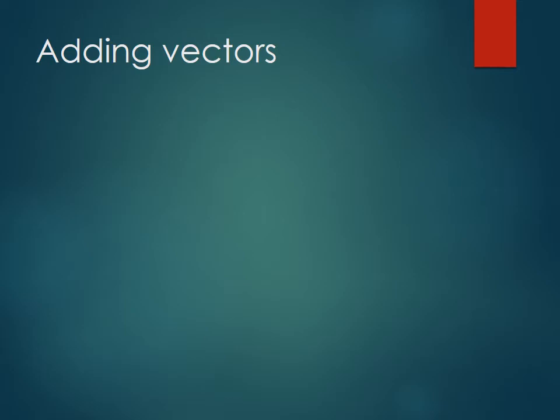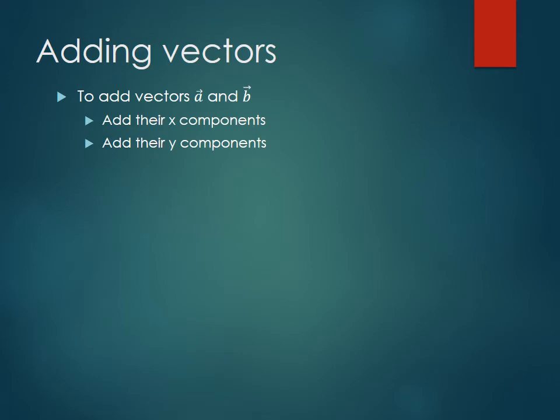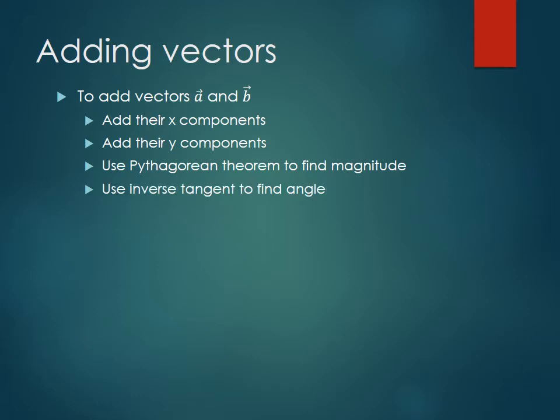So we're going to need those components. So to add vectors A and B, add their x components, add their y components, use the Pythagorean theorem to find the magnitude of the resultant vector. Remember, that's what we get when we add them. And use the inverse tangent to find the angle.